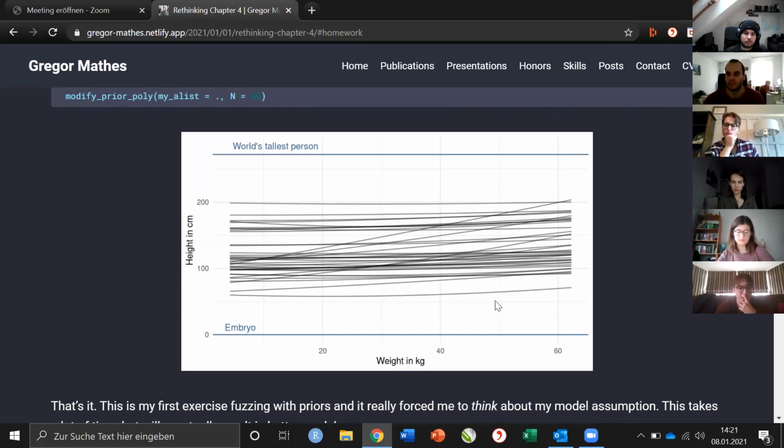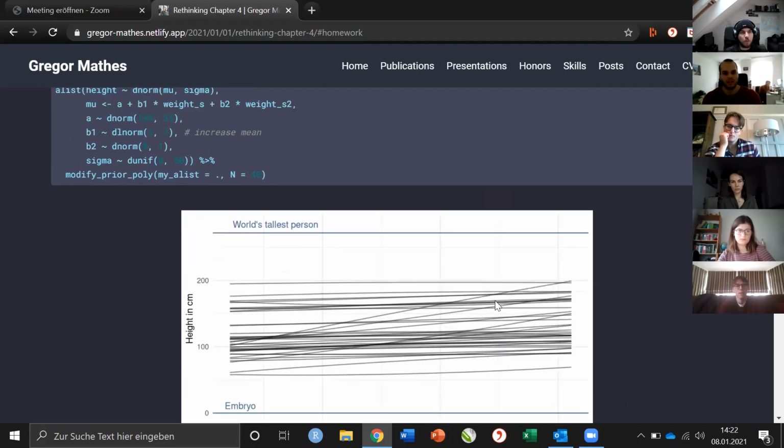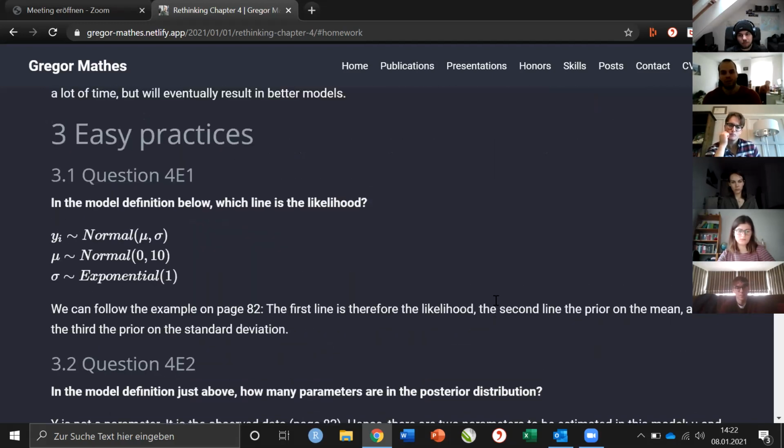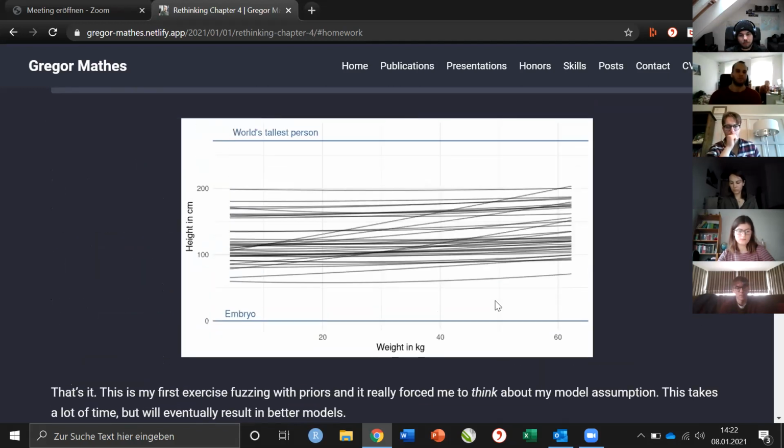The data just speaks so loudly that the priors are not sufficient to change the estimates in the end. But I think in the lectures, McElreath says that later on we will see examples where the priors are really important, and we should simulate what happens when we change the priors, because they will really make or break our model in the end.